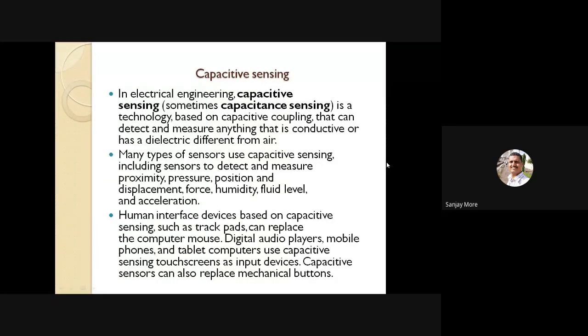Digital audio players, mobile phones, and tablet computers use capacitive sensing touchscreens as input devices. It can also replace mechanical buttons.